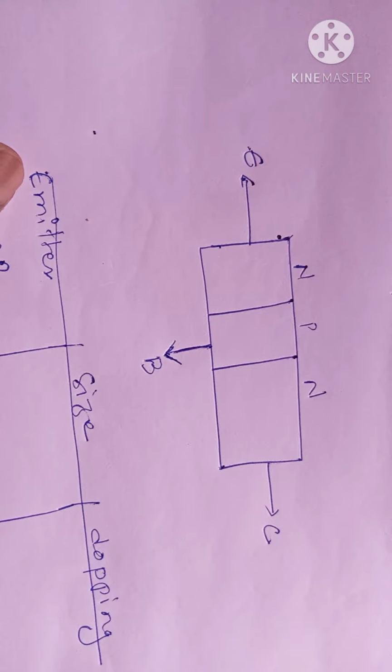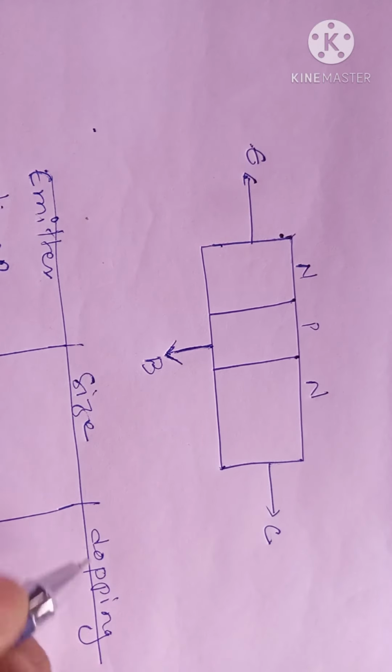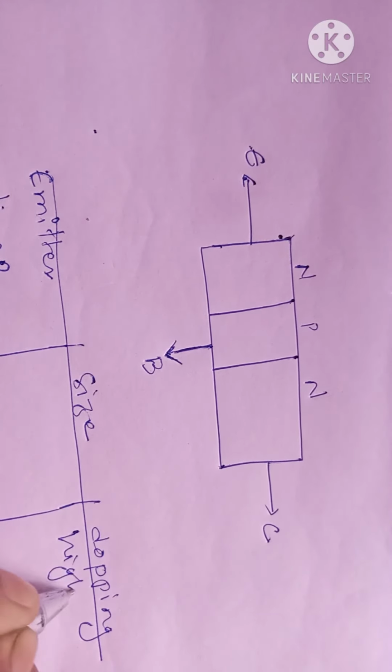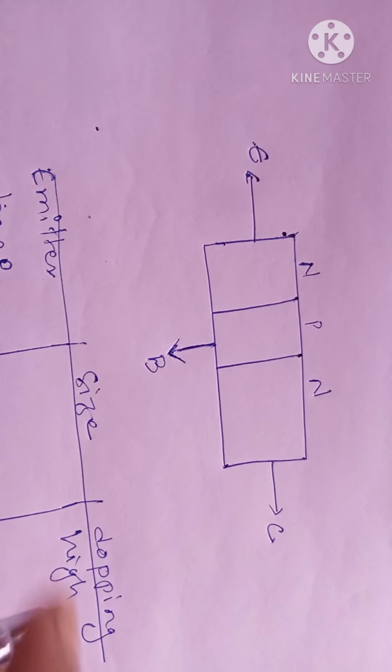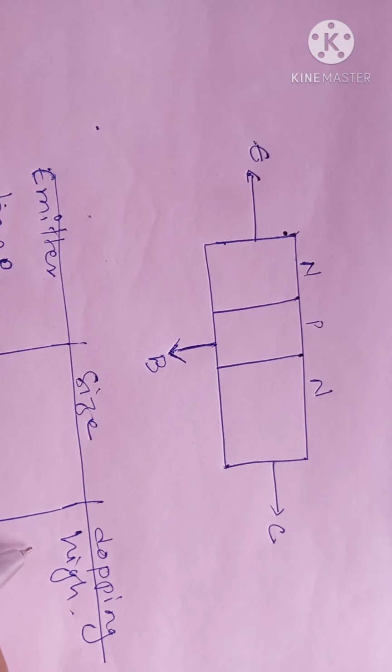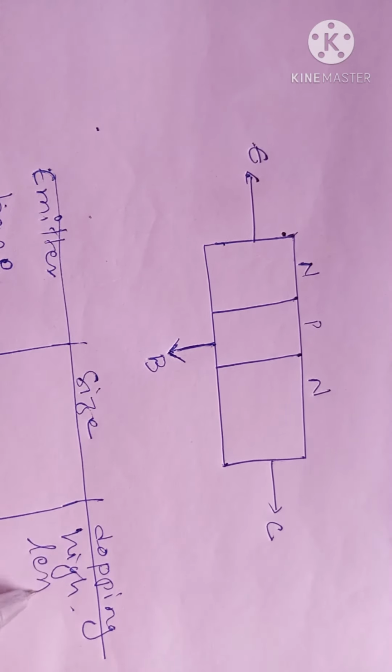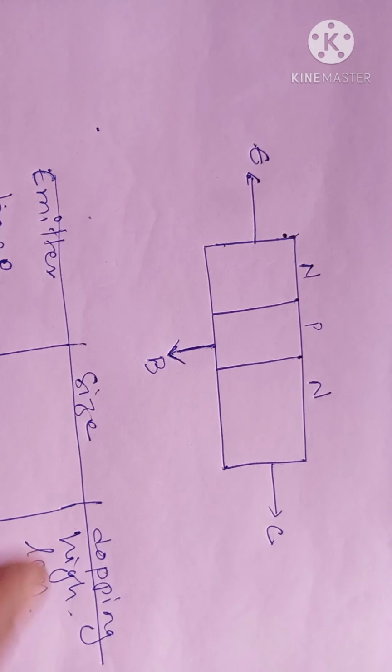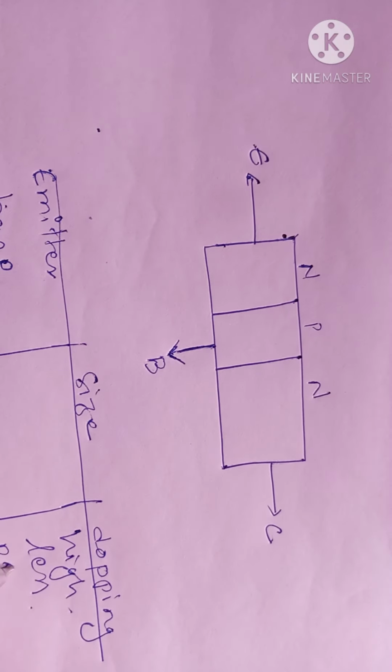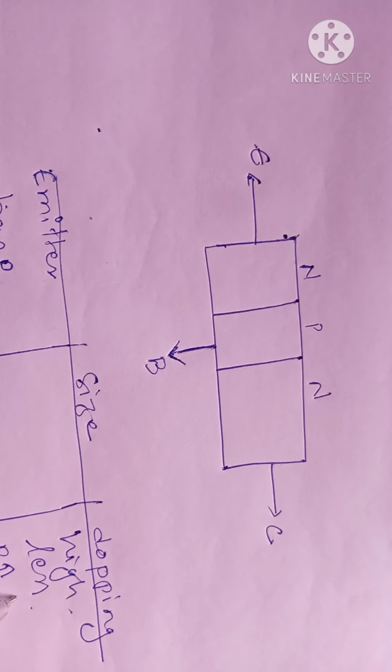In the emitter, doping is very high, but in the base it is less. At the collector, doping is higher than the base but less than the emitter.